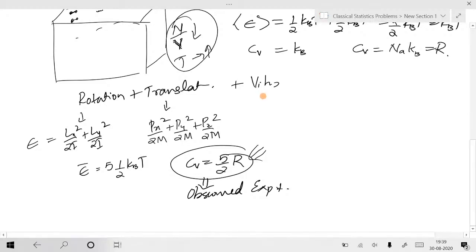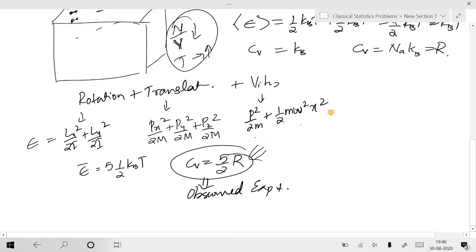Corresponding to that vibration you can write, again converting the 2 mass system into a single particle system, p square by 2m plus half m omega square into x square. It will have 2 quadratic terms because of the vibration. Is that okay? So that's the correct idea. Are you getting my point?